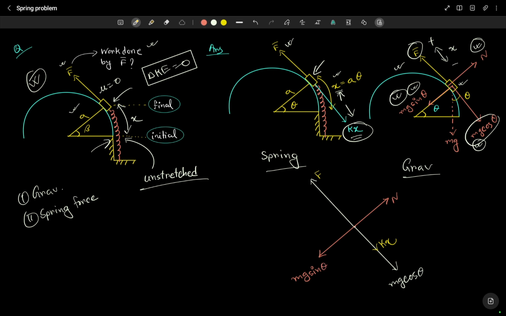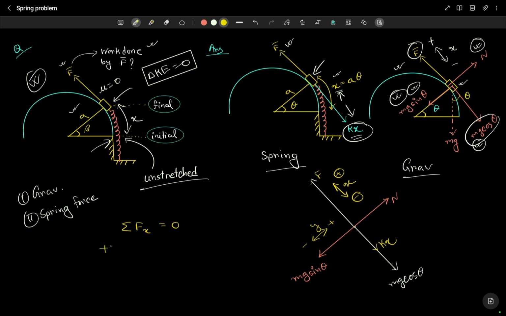Okay, so as we can see, if we put two equilibrium conditions in the x direction and y direction, summing in this x direction it will be 0. We have considered this to be the positive direction and this to be the negative direction.